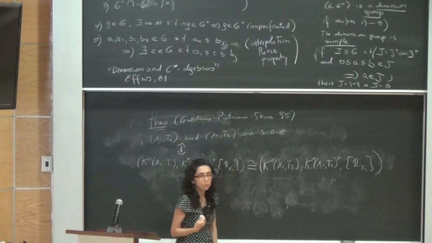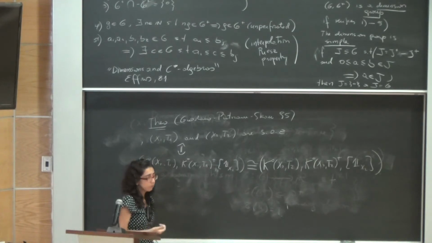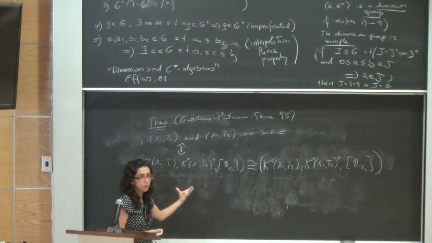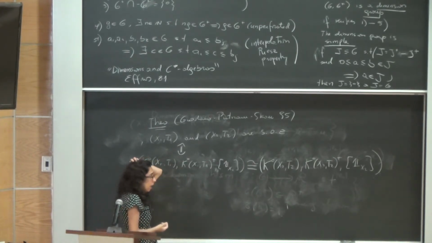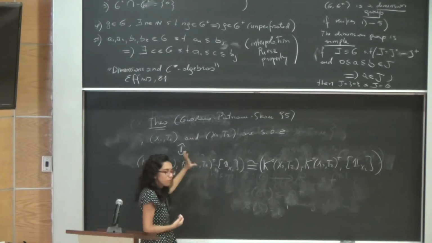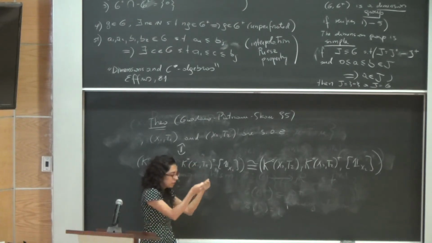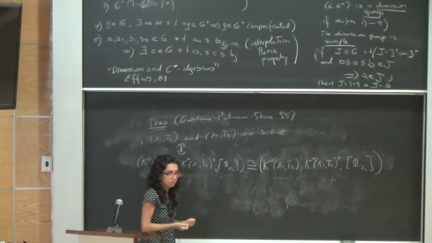So the dimension group will give you a complete invariant for this property, for strong orbit equivalence. How can we prove this? The proof of this result used just the combinatorics of Bratteli diagrams.